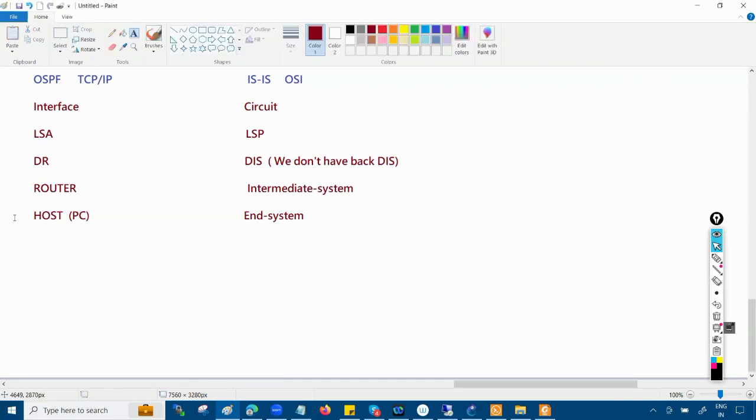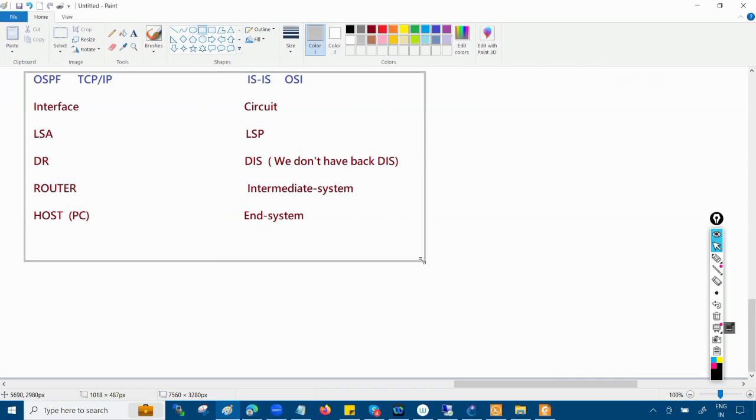Hold on. Wait for some more time. You will see more and more differences when I come to the CLI part. But these are the basic terminology that you have to take care of. Same like that, the spanning tree protocol was not introduced for the switch. It was introduced for the bridge.